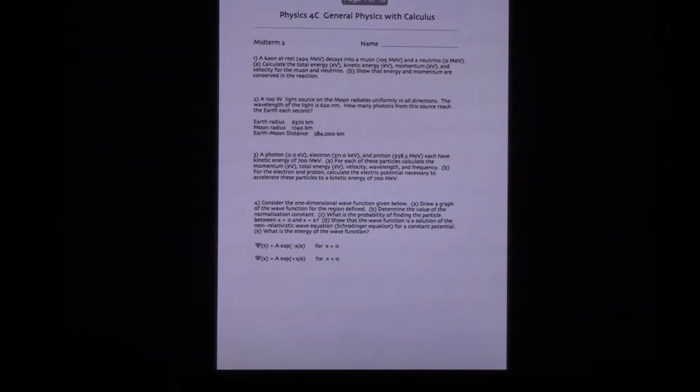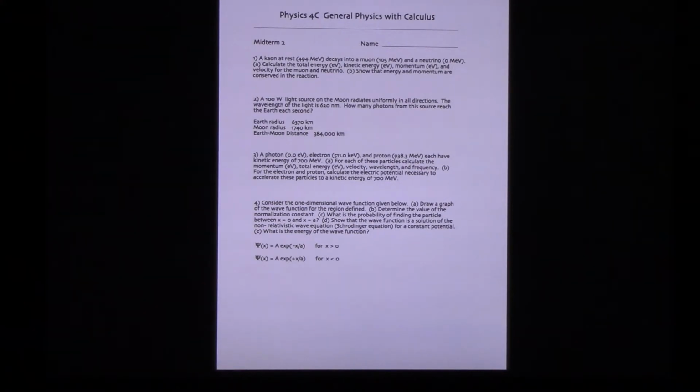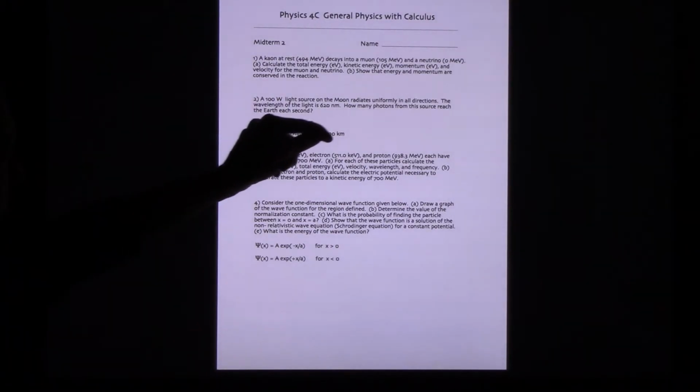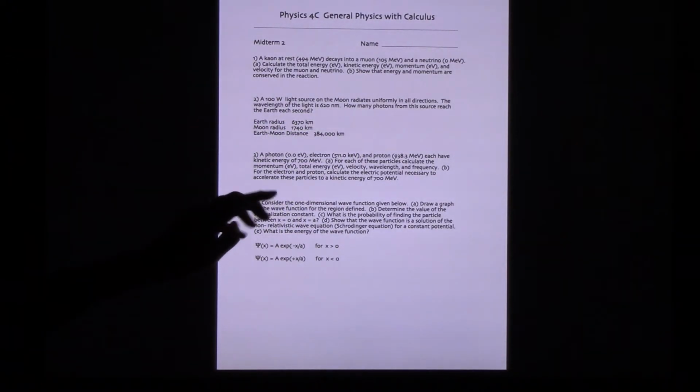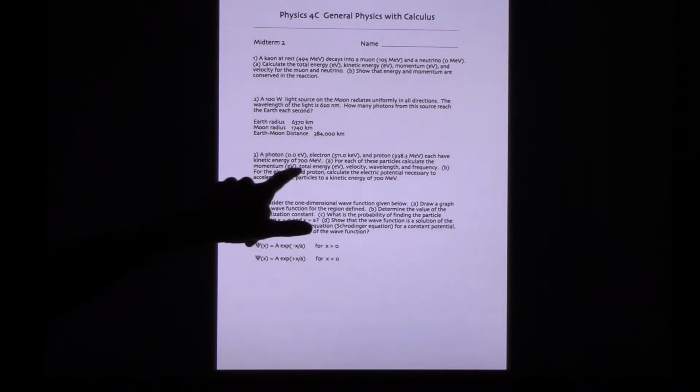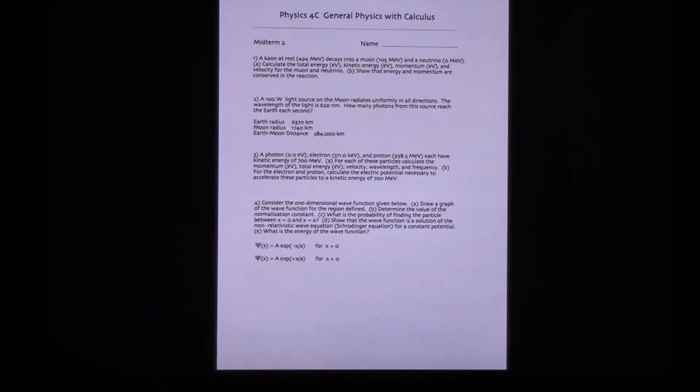All right, we've got questions 3 and 4 here also, so let's do those. Question 3 is comparing a photon, an electron, and a proton, where each of those 3 particles has been given a kinetic energy of 700 MeV.